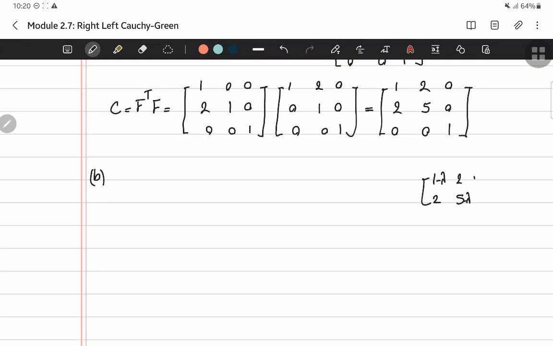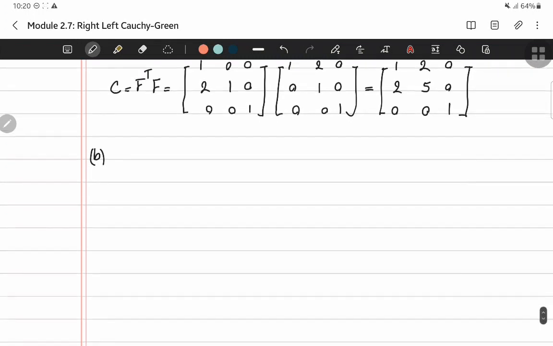So the determinant of this becomes 1 minus lambda times 5 minus lambda minus 4 is equal to 0. From here you get 2 lambdas, lambda 1 and lambda 2, and you can find the corresponding eigenvectors. So here you get lambda 1 equal to 5.8, n1 is equal to 0.4 e1 plus 0.9 e2 plus 0 e3.